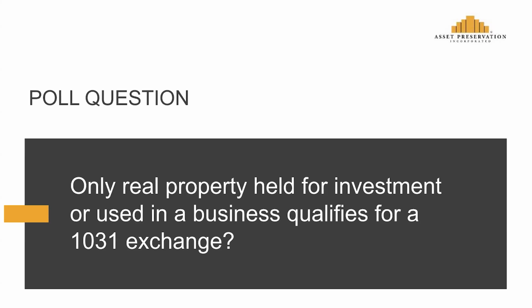So that's all that really qualifies for an exchange today. But you're going to see just how broad real estate is. We're going to unpack that a little bit later, and you're going to see it encompasses a lot of different types of property.